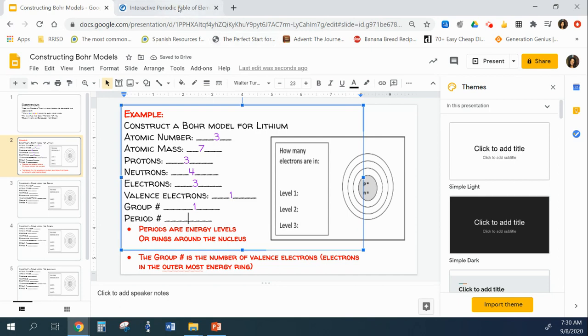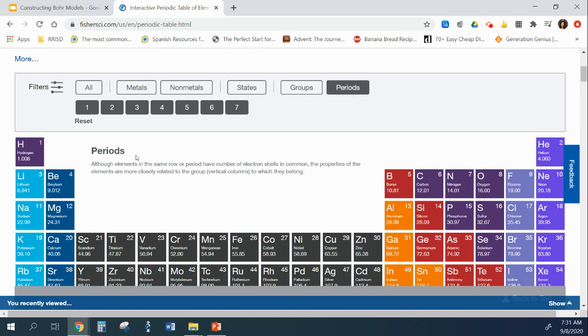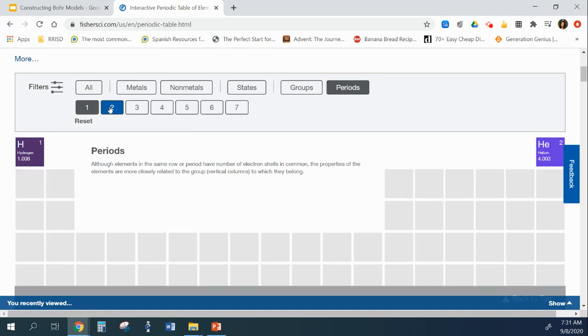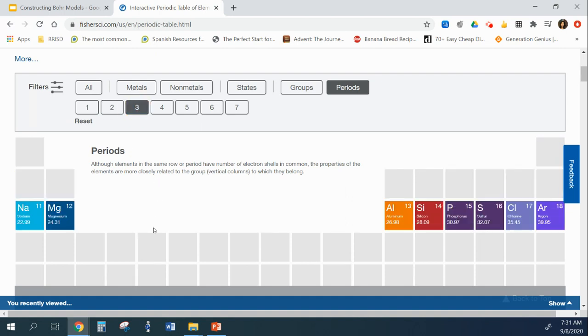And period has to do with the number of energy rings. So I'm going to go back to my periodic table, click on periods. Now, if I simply count down, guys, in 8th grade, we're only dealing with periods 1, 2, and 3.